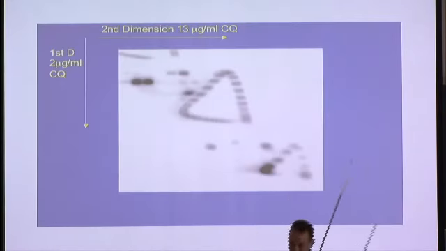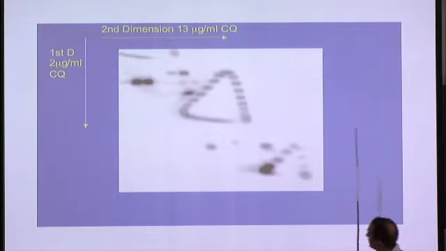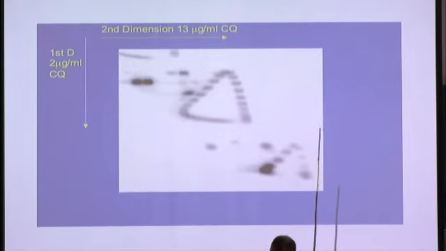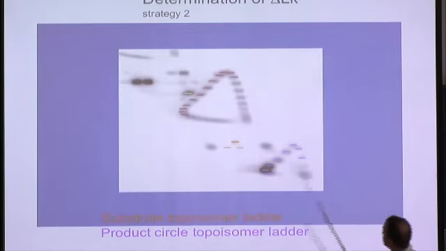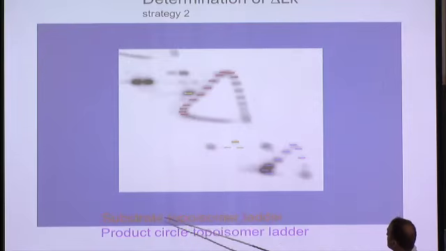Okay, so again, we get to run this on a 2D gel, and what we get then is... I've marked them again to help you count them the way I want to count them.